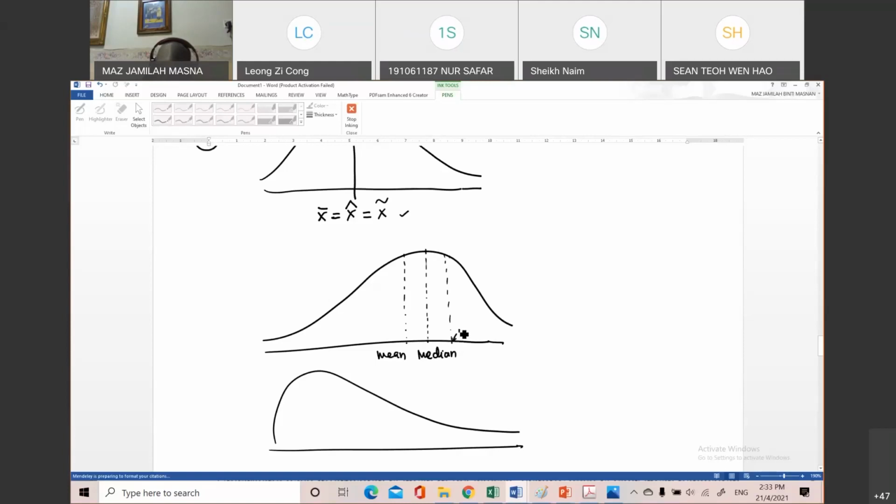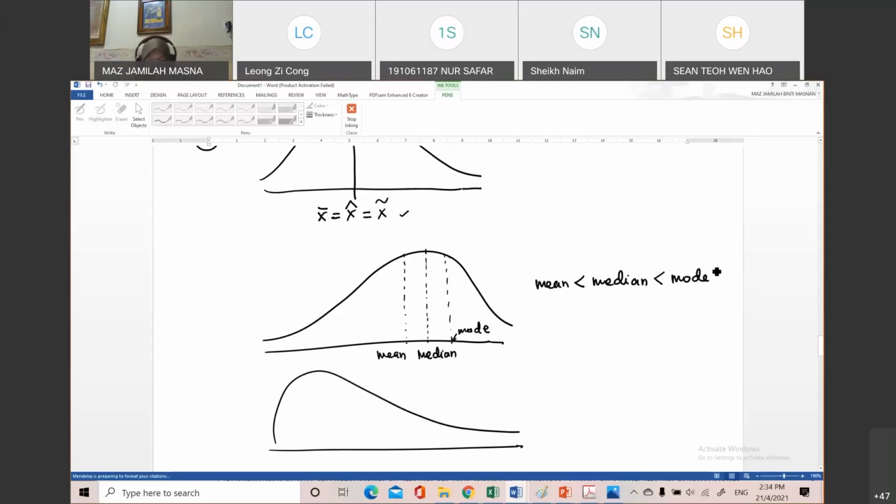So this is your mode. When we are talking about skewed data, if it is left skewed, we can say that your mean is lower than your median, and your median is lower than the mode.